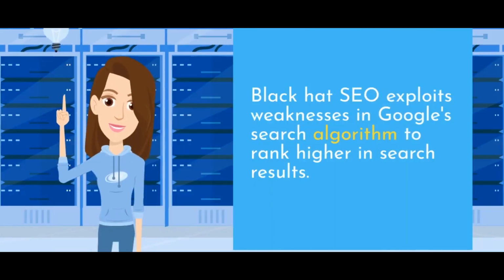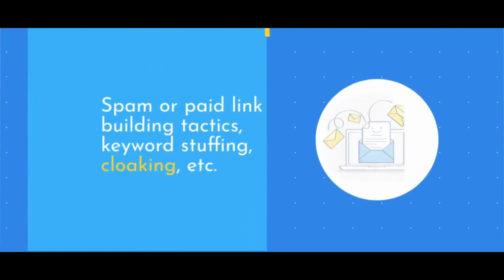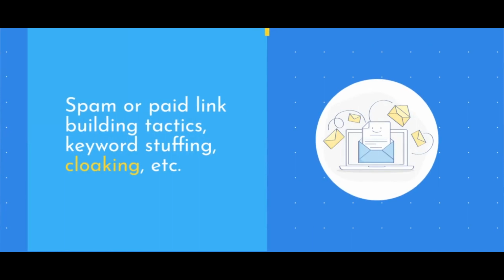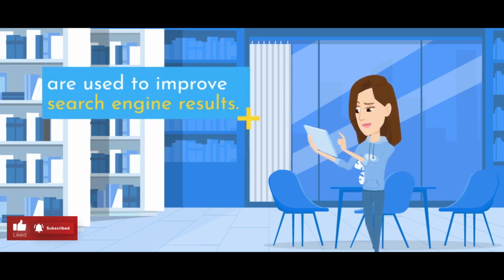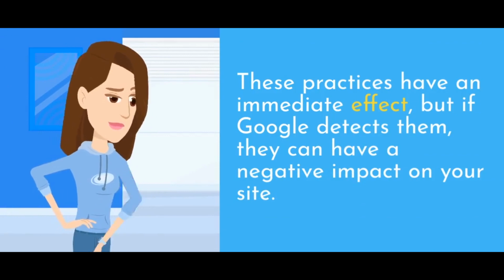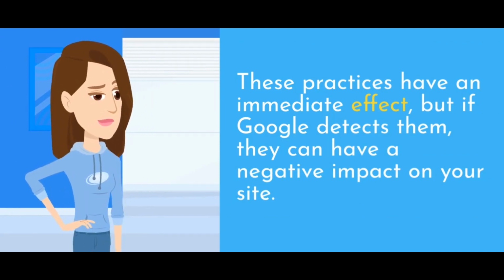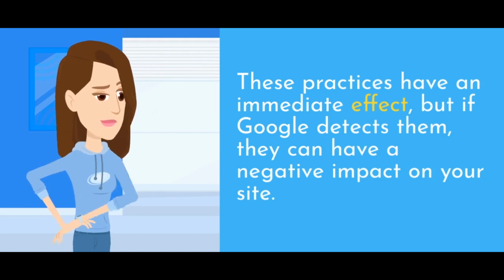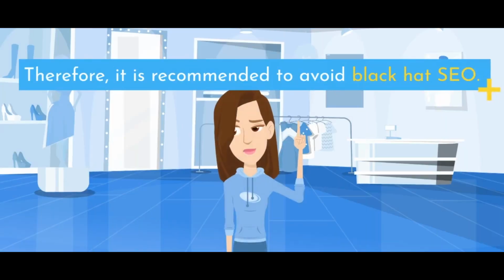Black hat SEO exploits weaknesses in Google's search algorithm to rank higher in search results. Spam or paid link building tactics, keyword stuffing, cloaking, etc. are used to improve search engine results. These practices have an immediate effect, but if Google detects them, they can have a negative impact on your site. Therefore, it is recommended to avoid black hat SEO.